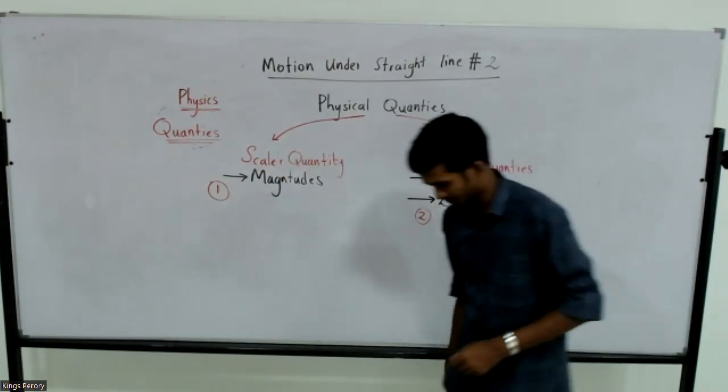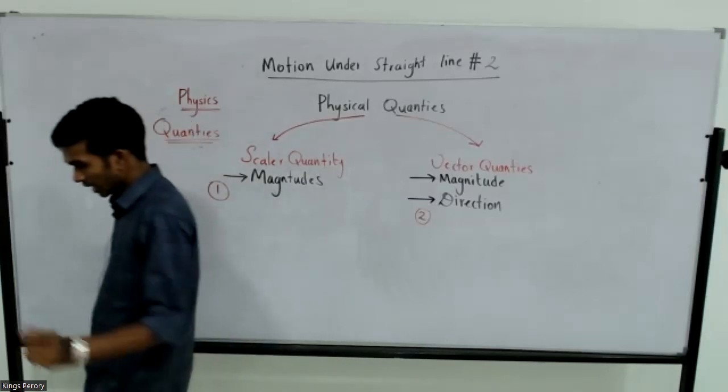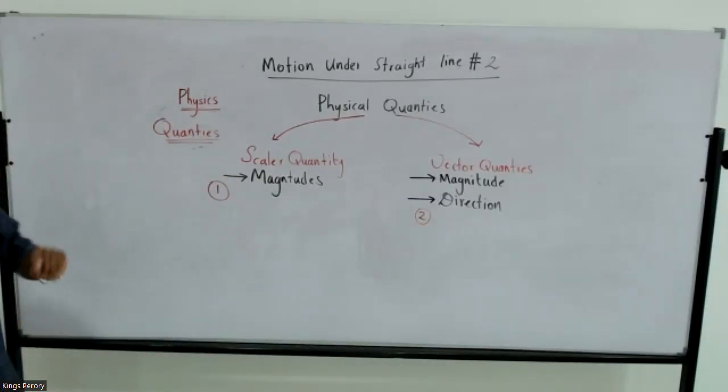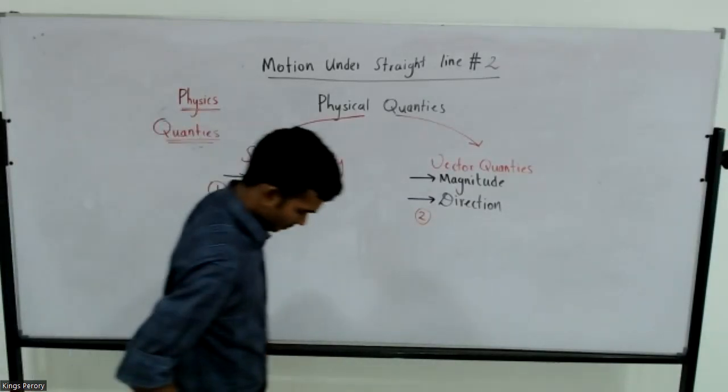Shall we write down? Those who don't have the tutes, right there. Scalar quantities.